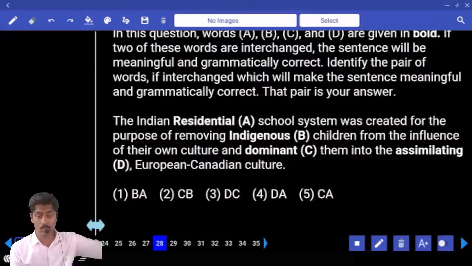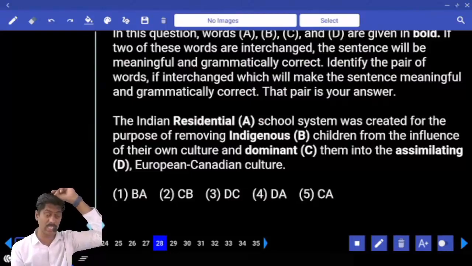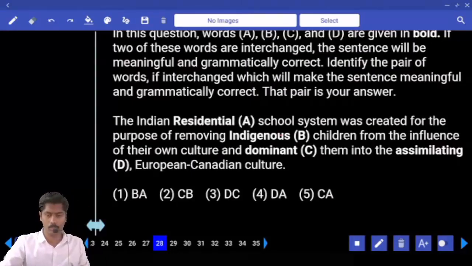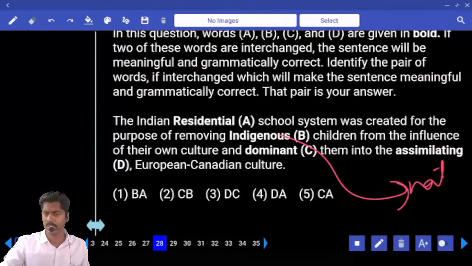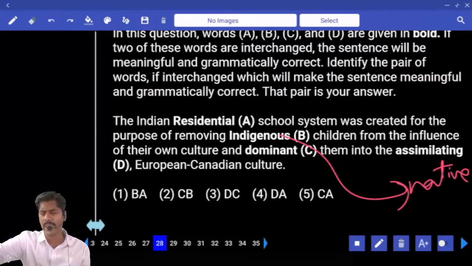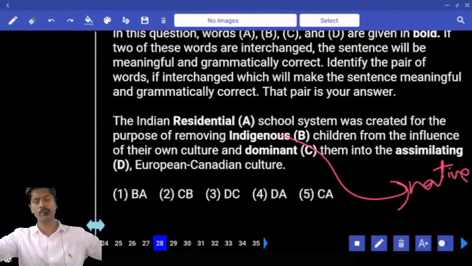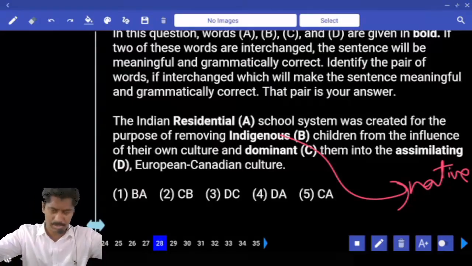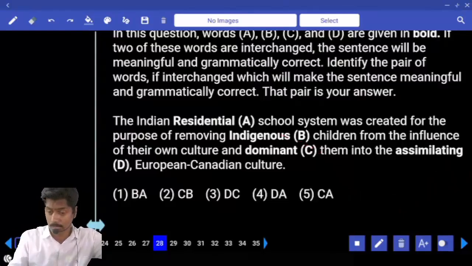The Indian residential school system, okay. Indian, indigenous means native. Native school system, dominant school system, assimilating. A, B, C, 3 are suitable in A, but let me check next. It was created for the purpose of removing indigenous children, native children maybe, from the influence of their own culture and assimilating them.